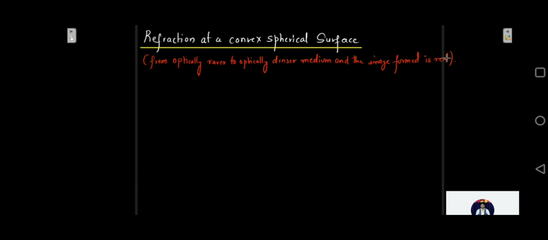Not lens. So here we are going to make some assumptions before starting this derivation. The first assumption we are going to use in the study of refraction at the spherical surface is that the object taken is a point object placed on the principal axis.